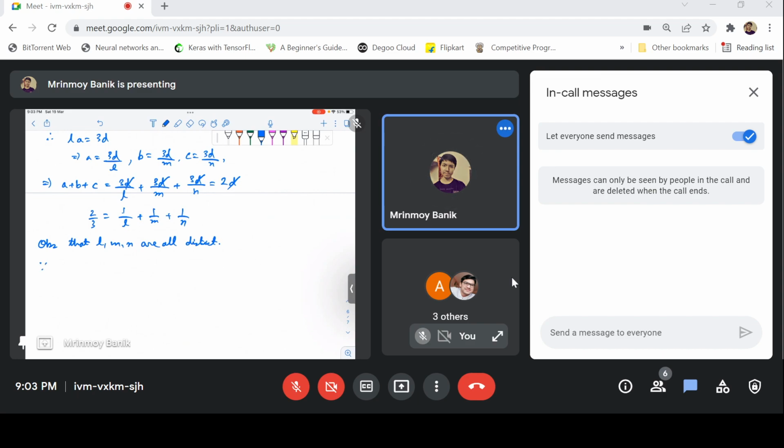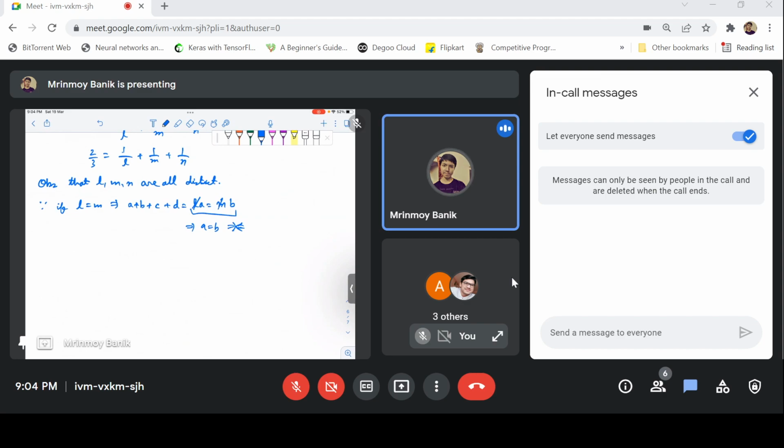Since if L is equal to M, then A plus B plus C plus D equals LA equals MB. So LA equals MB. Since L equals M, we can cancel out L and M. So that means A equals B, which is a contradiction since we have assumed all of them to be distinct. Okay, so you see why this holds.